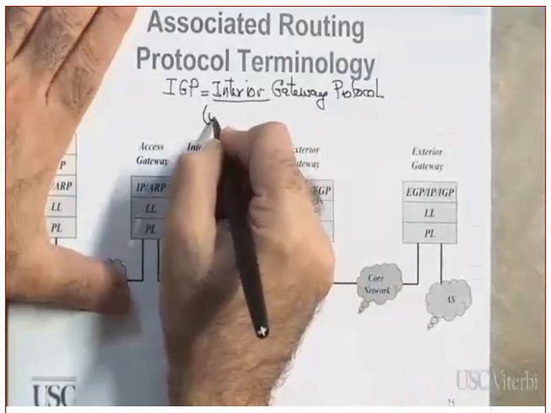In other words, backward. Look at the access routers. Sorry, subnet routers are enabled to go to the access routers. The interior router should be able to go back to the access router, to their own, and to other interior routers or gateways, and also to exterior routers or gateways within the autonomous system.